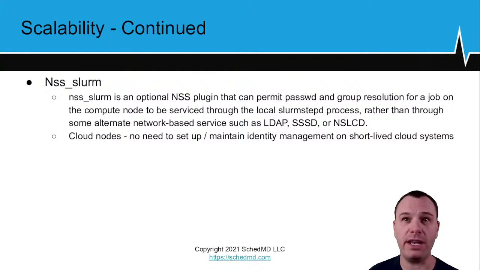This NSS plugin permits passwd and group resolution for a job on the compute node to be serviced by the local slurmd process. The advantage here is that a site can reduce the number of queries against LDAP, SSSD, and NSLCD. And for sites that burst out into the cloud, there's no need to duplicate identity management services on those cloud compute nodes.